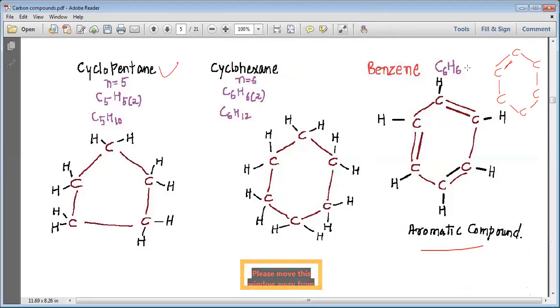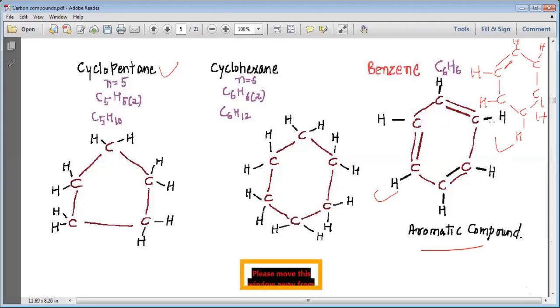Okay. So here you can see that each carbon can still combine with one hydrogen, but the position of the double bond can be changed, and we can represent benzene with either this structure, or we can even use this structure.